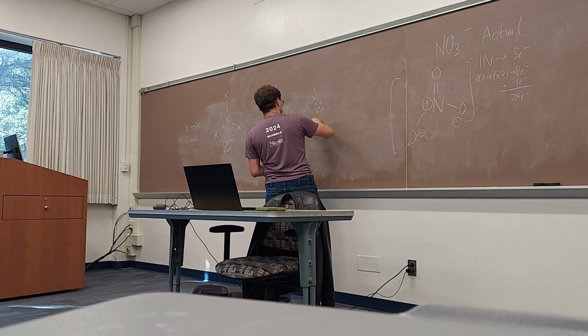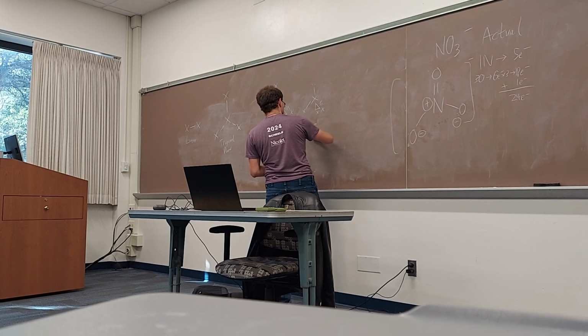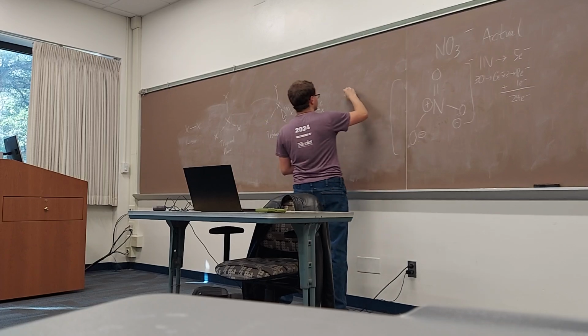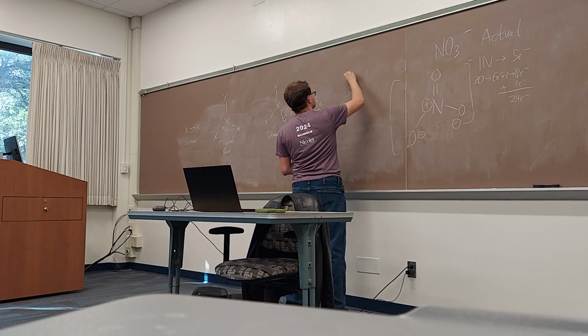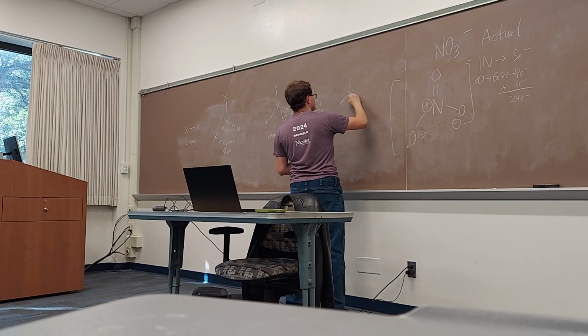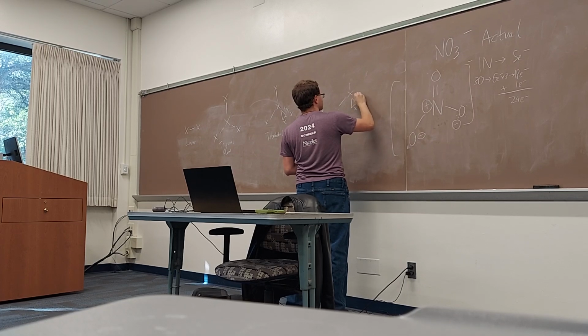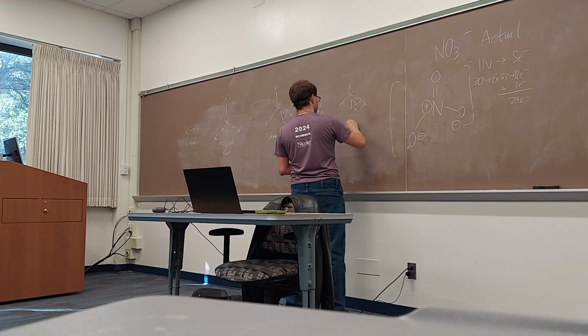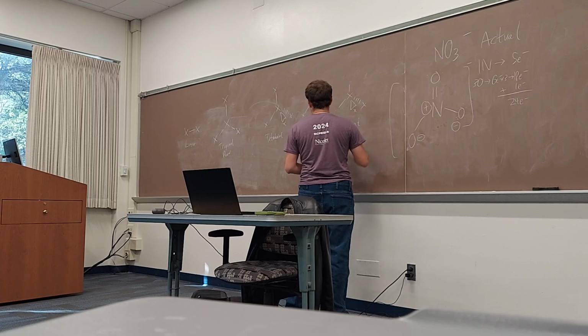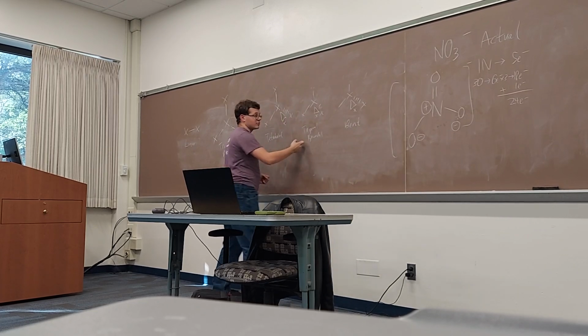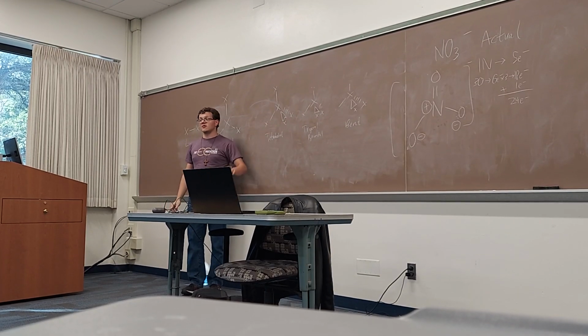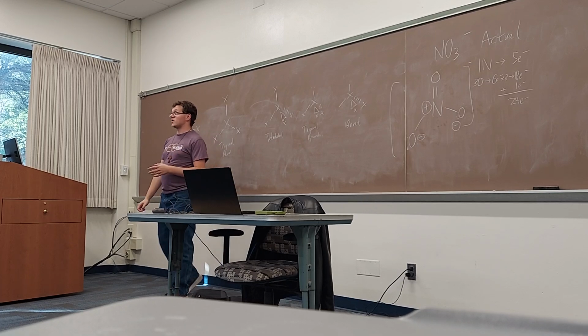And lastly, if we have 2 lone pairs, we can get something like water, which is bent. Now, these are the molecular geometries. So you have tetrahedral, trigonal pyramidal, and bent for things that have 4 bonds and or lone pairs.